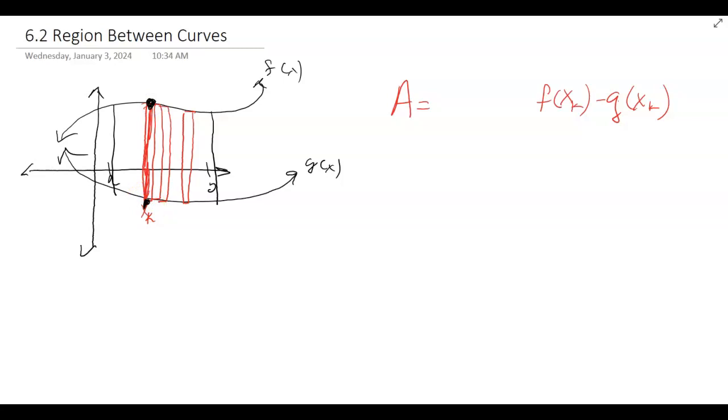And if you multiply that height by the width of the rectangle, which in Calc 1 we called the change in x, you could sum all those rectangles, where k goes from 1 to n. We did examples in Calc 1 where we let n be 4 and calculated the area of those 4 rectangles to estimate an area under a curve.